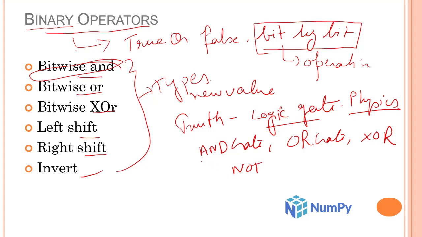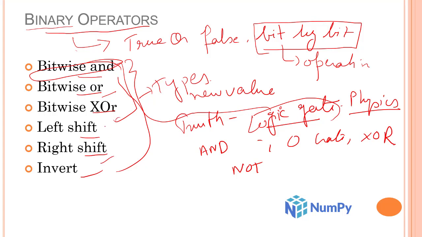This particular logic gate principle is followed by bitwise AND, OR, XOR, and inverter. The left shift and right shift work differently; we'll discuss them later.